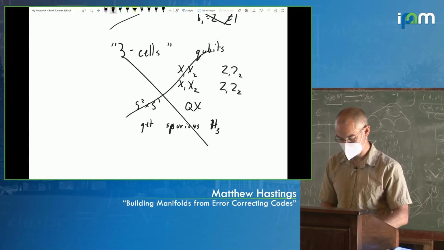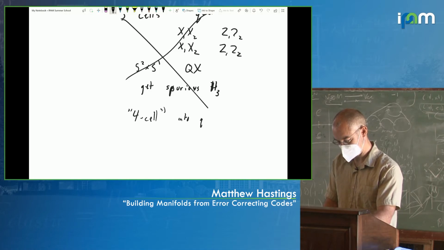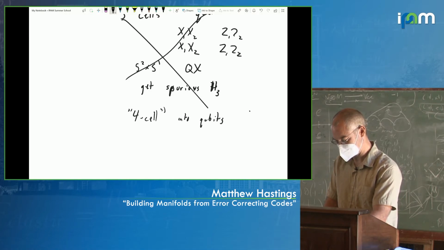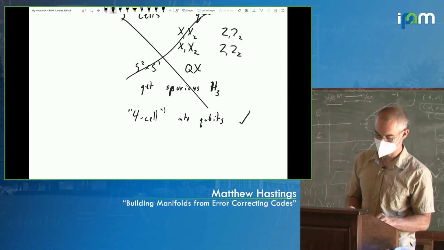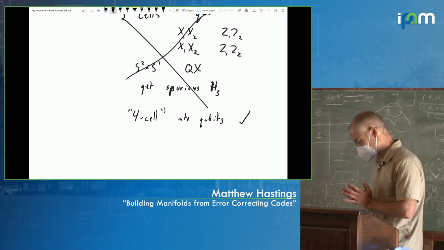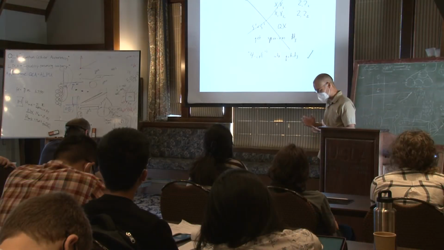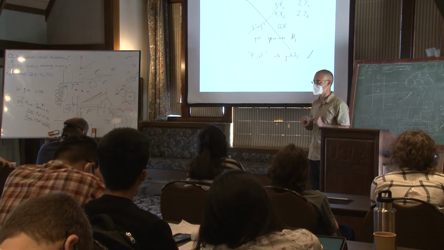So our final thing is to make 4 cells into qubits. And this turns out to work. If you take 4 cells into qubits, the prescription is something like the following. For every X check, you have some S3, which is free floating. They're not attached to each other.